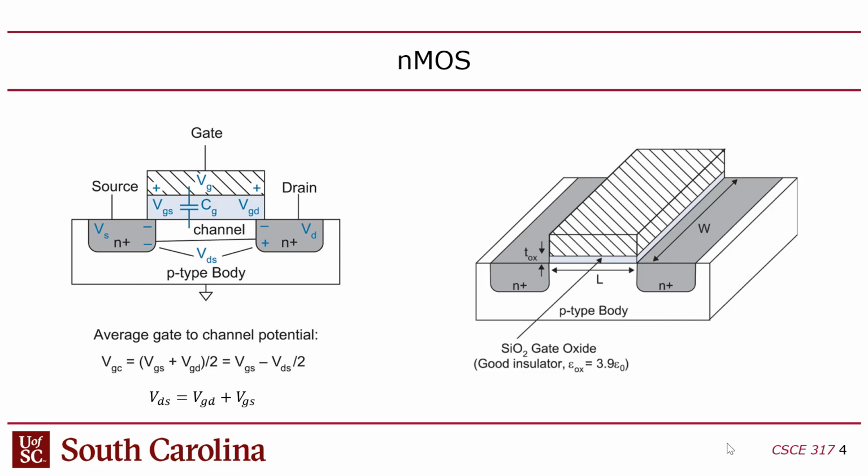And again, this is only when the transistor's on. When the transistor's off, then the channel is just ground, right? Because we ground the substrate to create a diode here. So that's the tricky part of this, trying to figure out what the gate voltage is. It's hard to tell because it all depends on the state of the device.